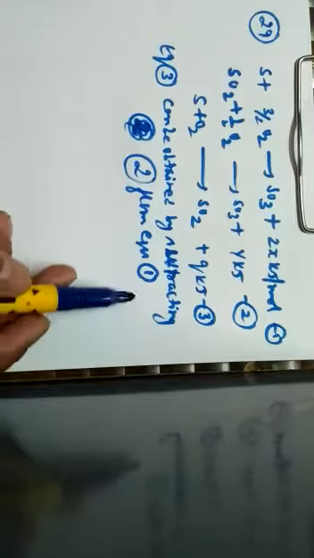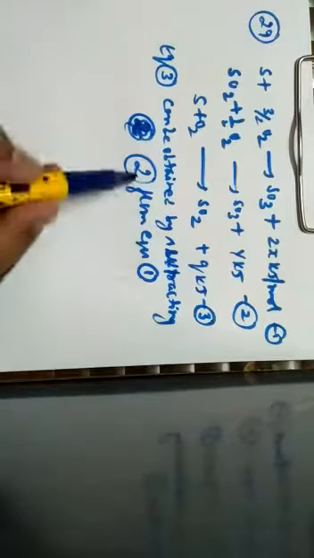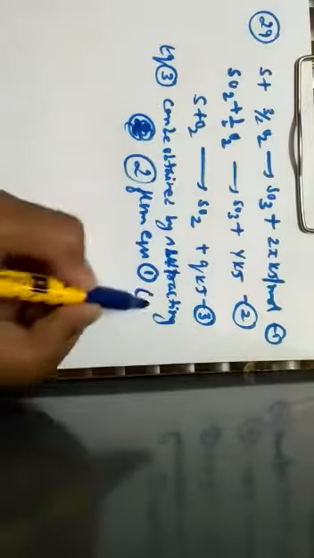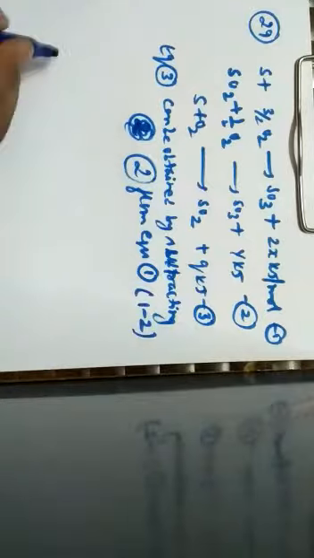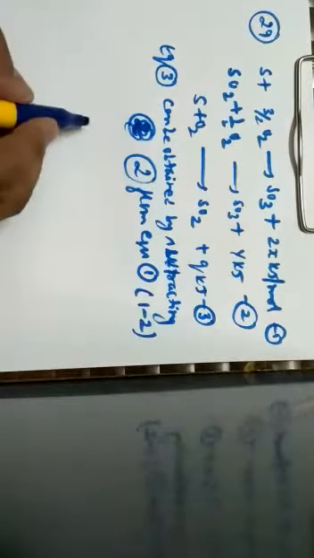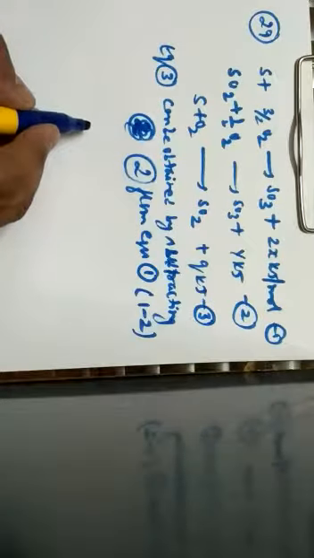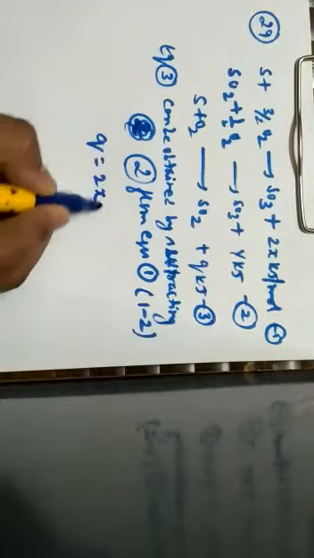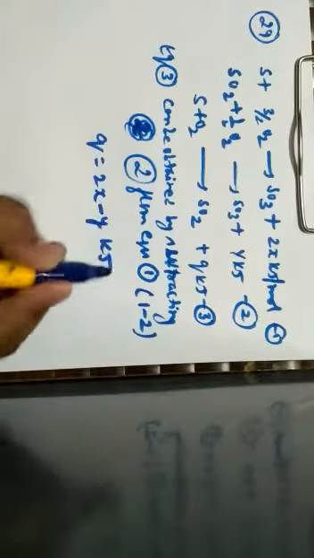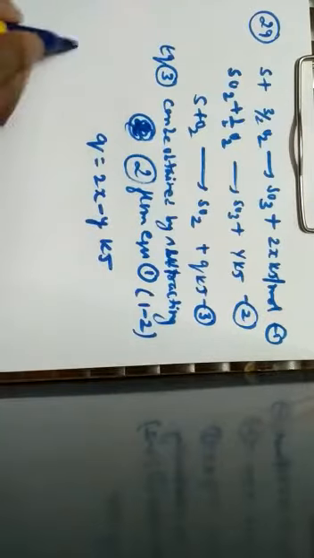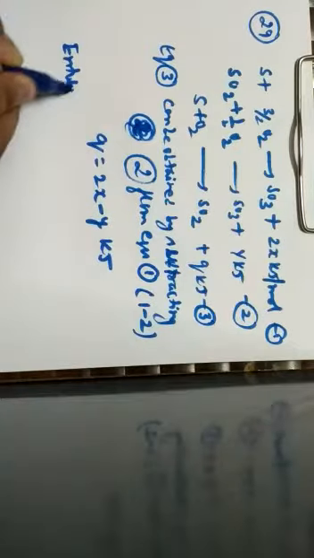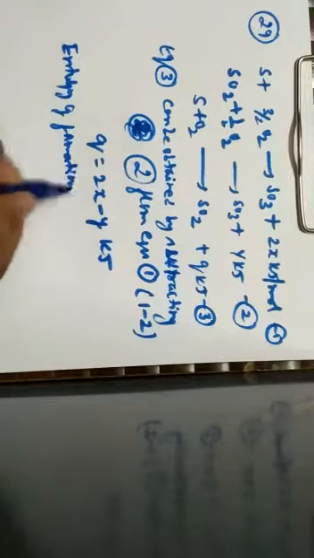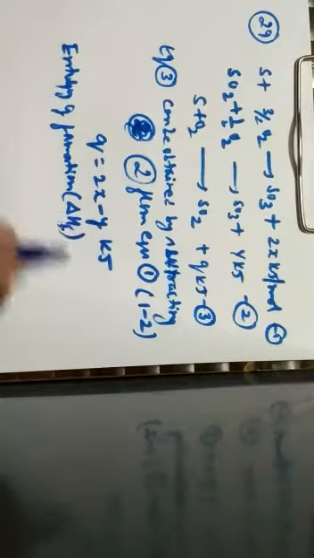So when I subtract equation 2 from equation 1, it is nothing but equation 1 minus equation 2. So when I go with equation 1 minus equation 2, I can write Q is equal to 2x minus y kilojoules. Here they are asking for the enthalpy of formation, that is delta HF.